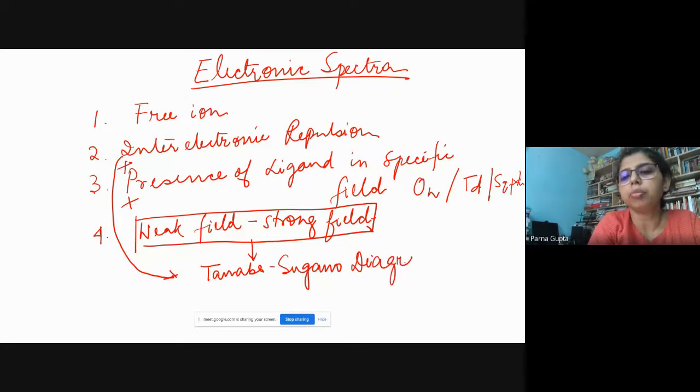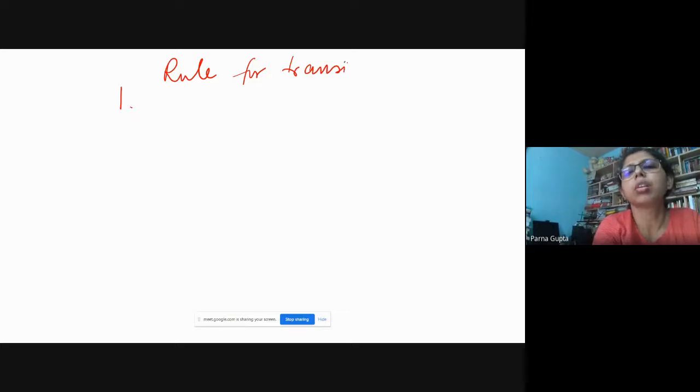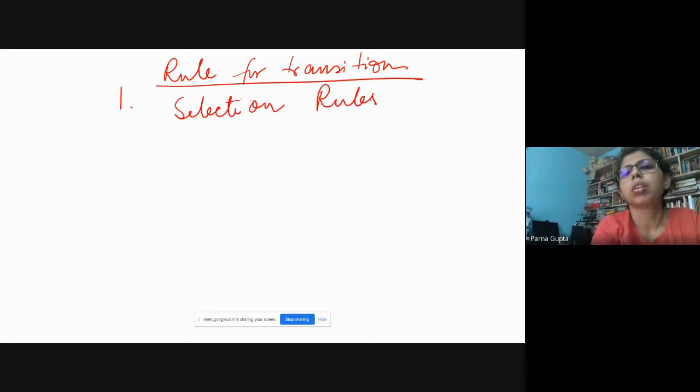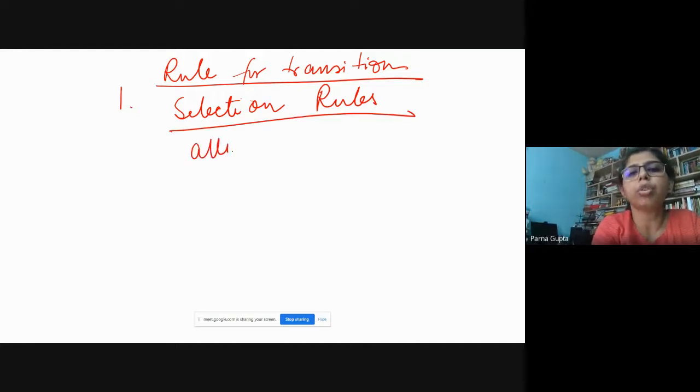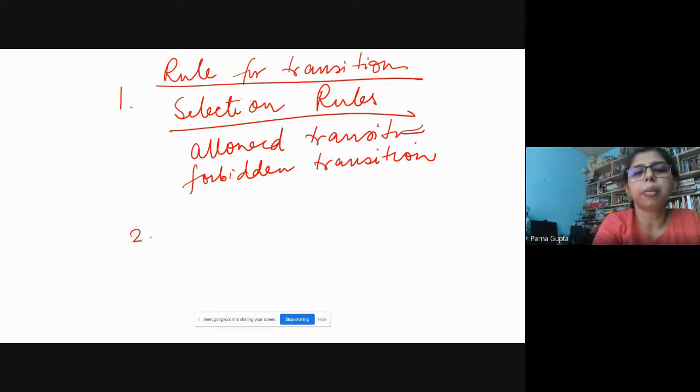Tanabe-Sugano diagram. And now, what are the rules for transition? This will be next day. What is the selection rule? There will be some allowed transitions and some forbidden transitions. And then we have the charge transfer spectra.